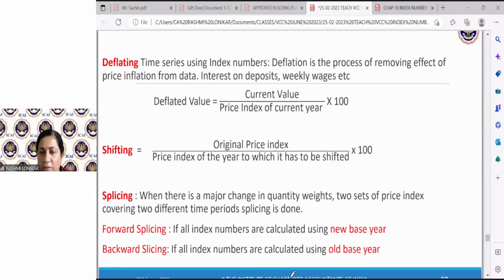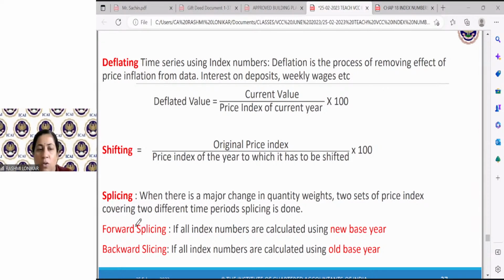Splicing: when there is a major change in the quantity weights, two sets of price indexes covering two different time periods, splicing is done. Okay. We will see the sum, so you will come to know over there. Forward splicing means all the index numbers are calculated using the new base year, and backward splicing is all the index numbers are calculated using the old base year.